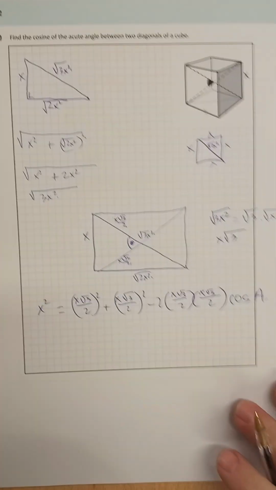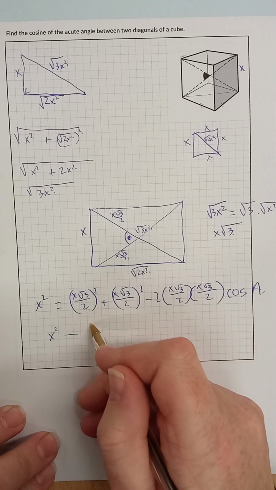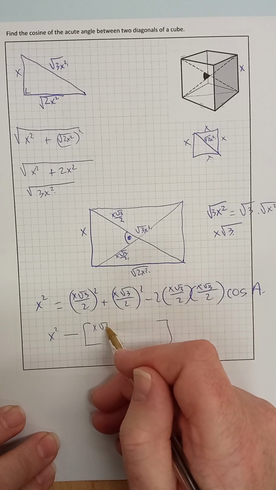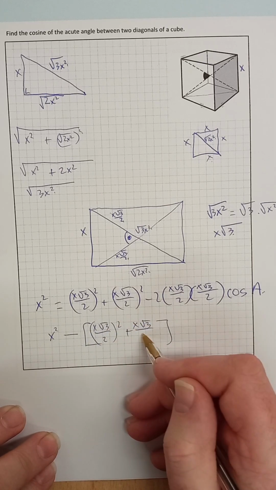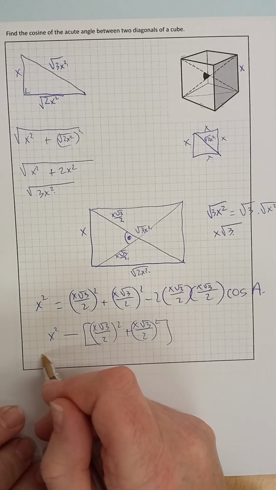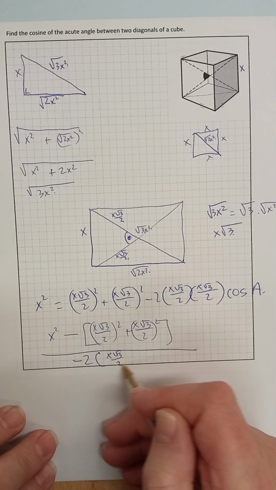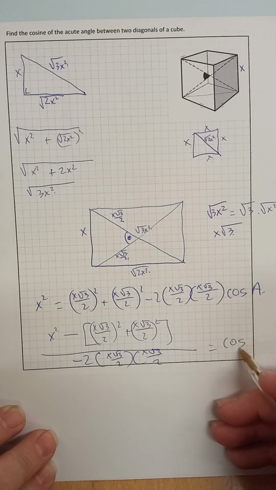So let's rearrange this. x squared minus x root 3 over 2 squared plus x root 3 over 2 squared, divided by minus 2 times x root 3 over 2 by x root 3 over 2, and that's equal to the cosine of a.